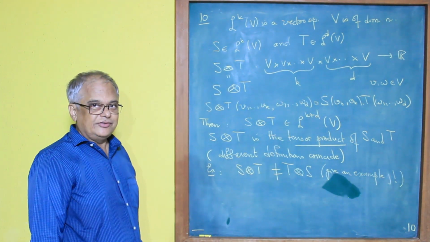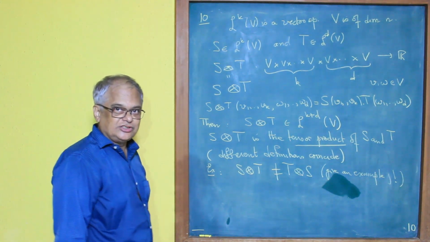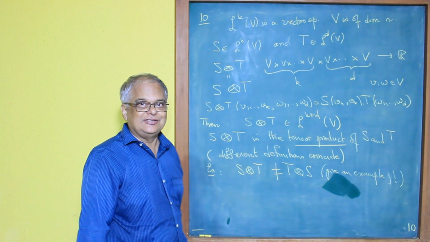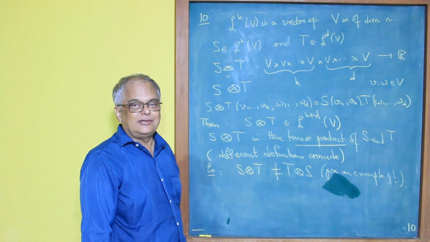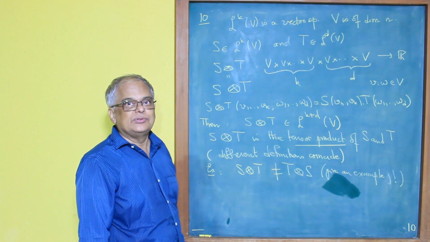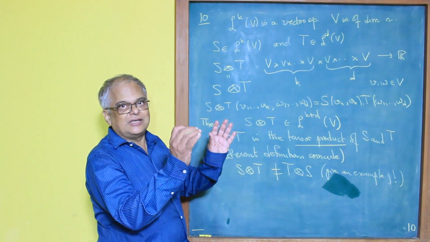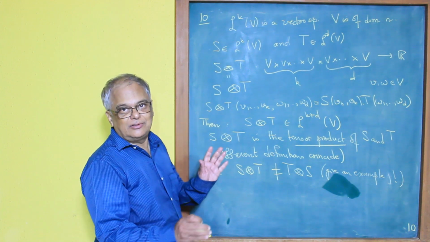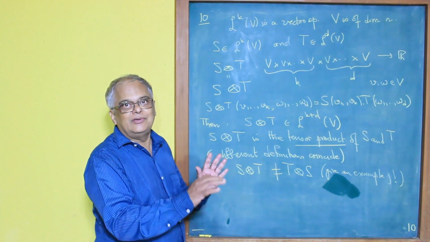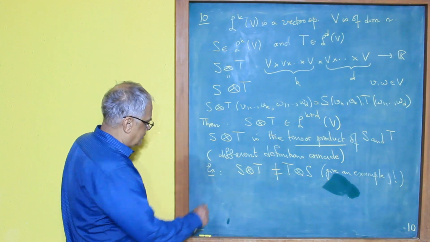And the reason you're calling it a product is that a multiplication is a multiplication and an addition is an addition. What we want is that the multiplication distributes over addition. 5 plus 3 multiplied by 7 is equal to 5 into 7 plus 3 into 7. What am I saying here?